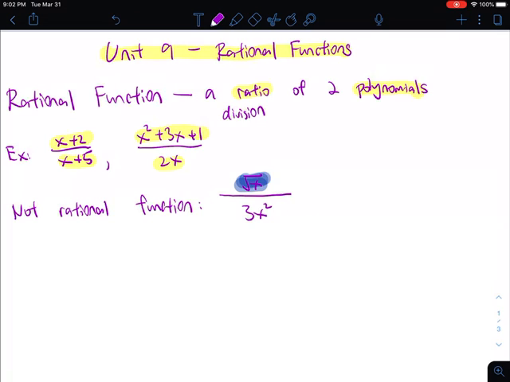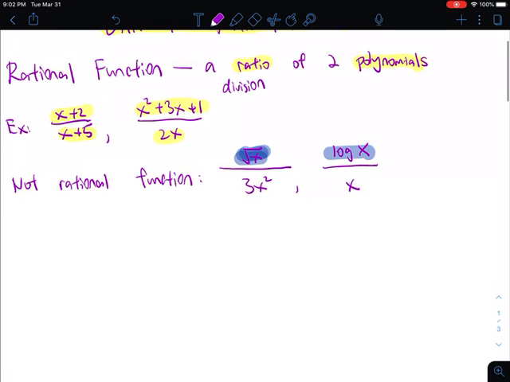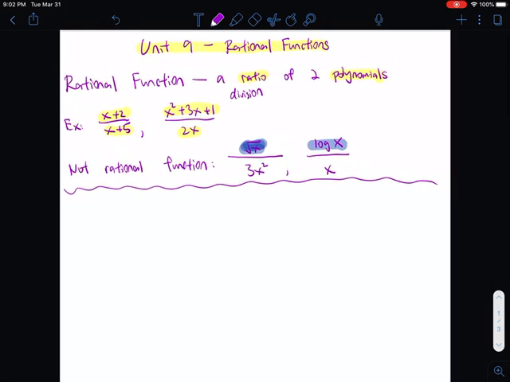So then that means this whole thing is not a rational function. Or we can do something like log of x over, let's say, x. Again, this top, we just did logs, but log is not a polynomial, so this whole thing will not be a rational function. But we will be spending pretty much the rest of the year studying rational functions.